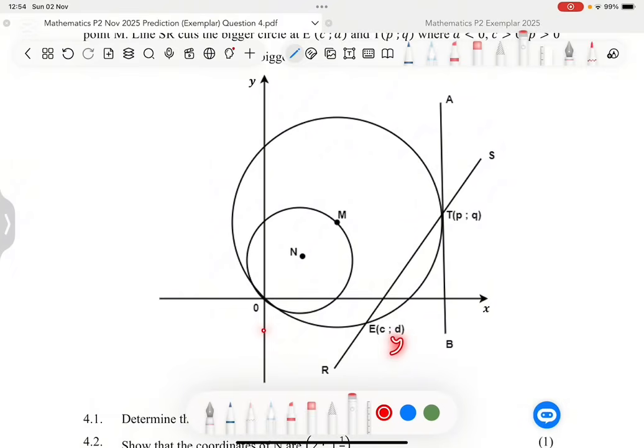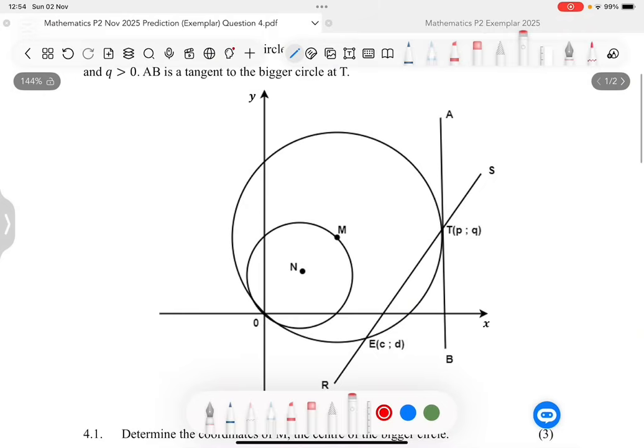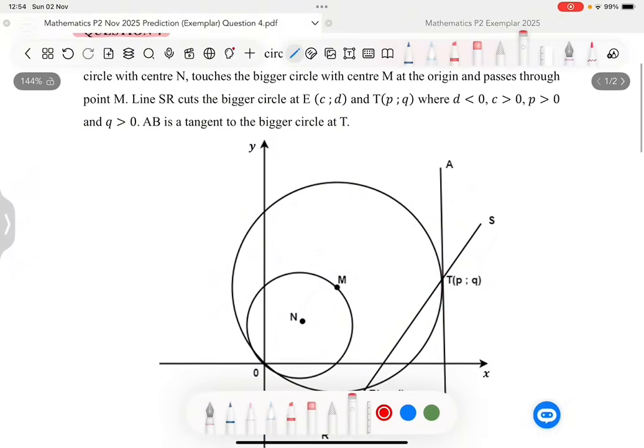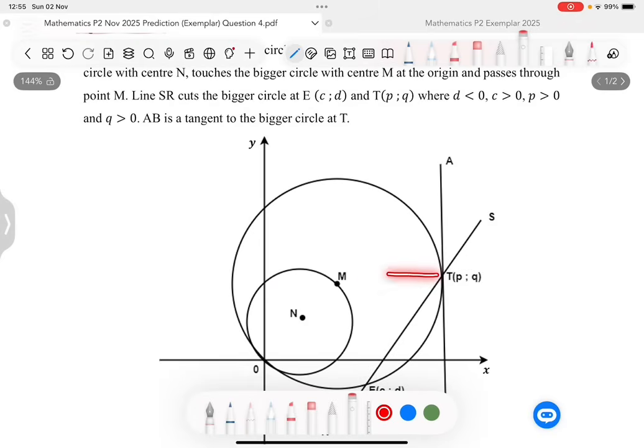Remember, D is a y value, so the value that we're going to read here is a negative number. And the C here is a point on the x-axis and is positive. The same can be said for the P, which is positive, a point there. It also touches the circle there. And we also have a Q, which is a y value, that will be positive as well.